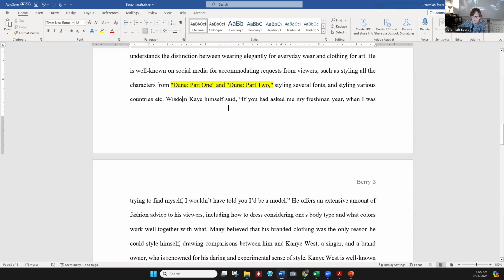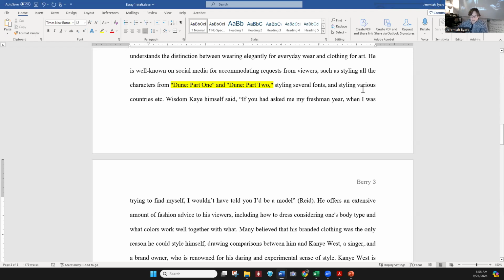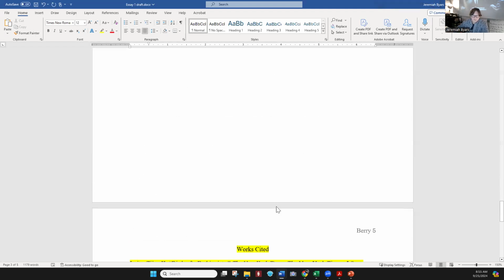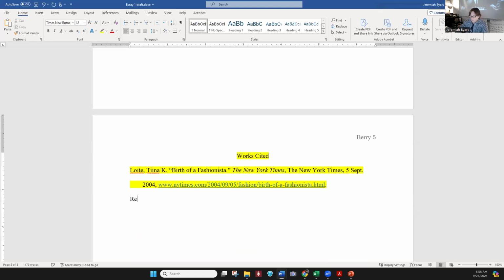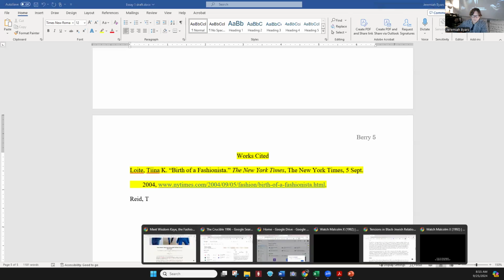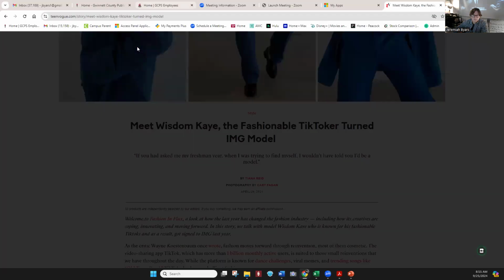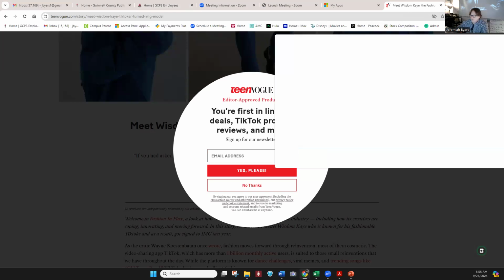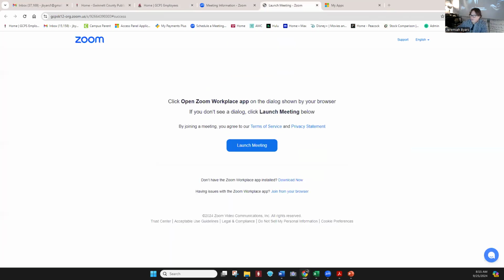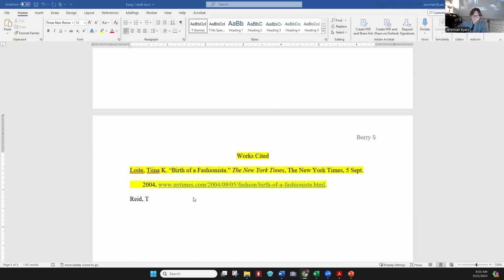So here, when it says Wisdom K himself said, blah, blah, blah, you should actually have here a parenthetical citation. That should be a period. This should be Reed, period. And then down here should be Reed. Tina, I'm gonna put this over here so I can see it. No thanks, Teen Vogue. Reed, period.